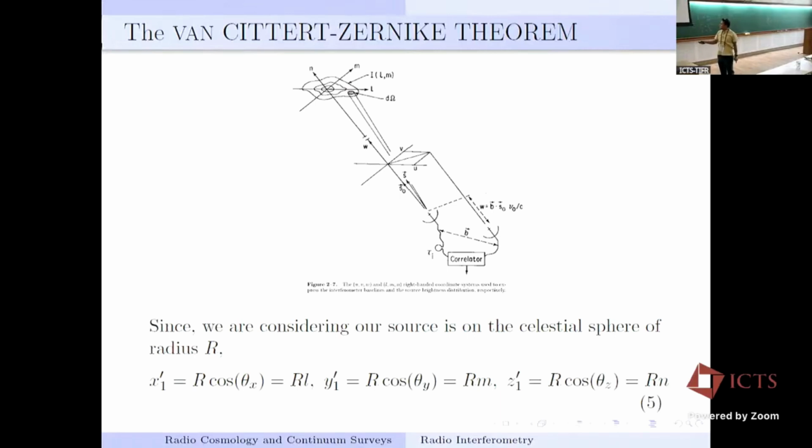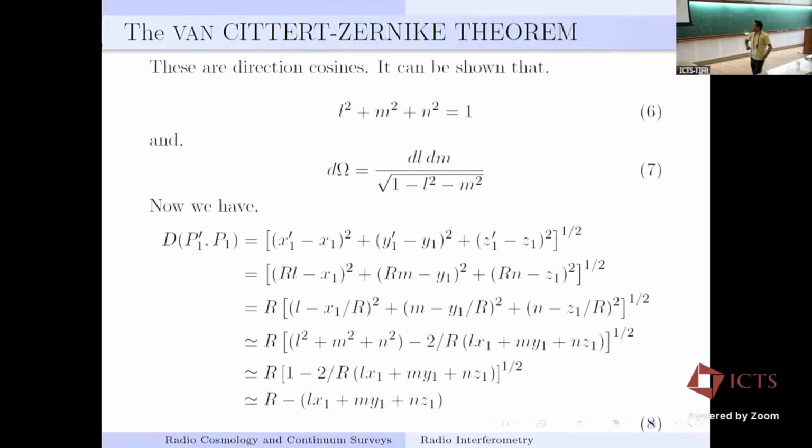Similarly, y1 prime you can write R cos of theta y, and z1 prime R cos of theta z. Now I am just defining that cos of theta x is equal to L, cos of theta y is equal to M, and cos of theta z is equal to N. This is just for writing purposes, not a very fancy thing, okay.